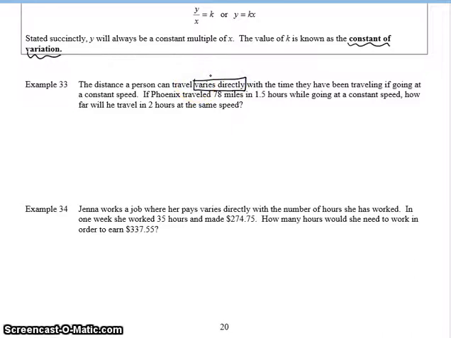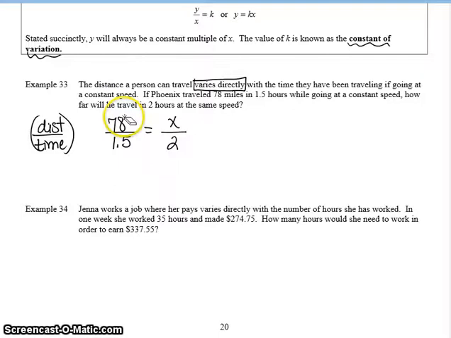So the major phrase here is varies directly. The distance a person can travel varies directly with the time that they've been traveling if going at a constant speed. So it's distance compared to time. So keep that in order in your proportion. It says if Phoenix traveled 78 miles in 1.5 hours, what is the distance in 2 hours?